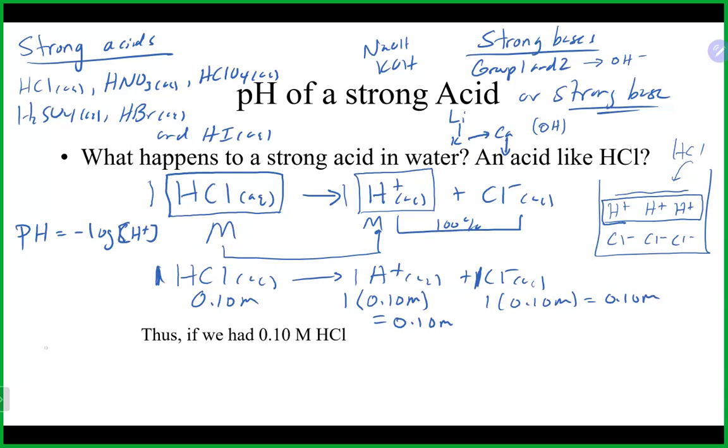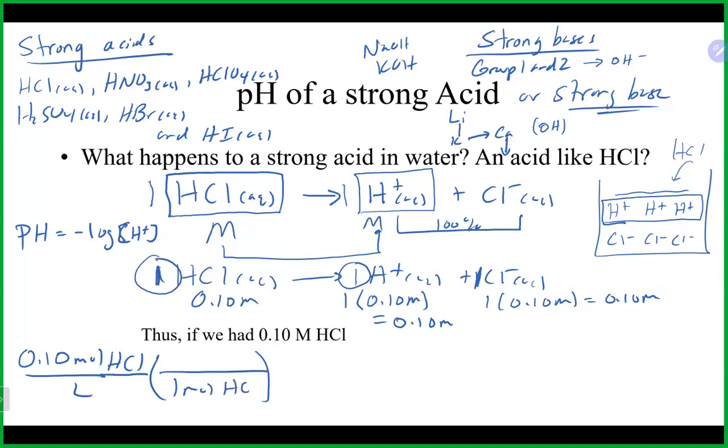A reminder that the long version of that calculation is this. You take your 0.1 molar, which is moles per liter of HCl. You basically do a mole-to-mole relationship like we just talked about, which is for every 1 mole of HCl, you get 1 mole of H plus. The moles of HCl cancel, and you end up with 0.1 moles per liter H plus, which is 0.1 molar H plus.